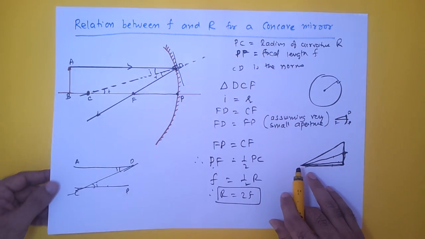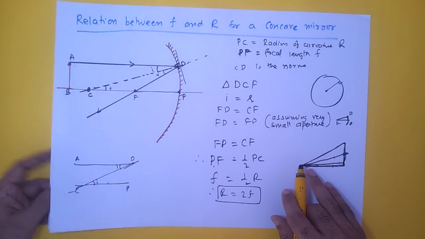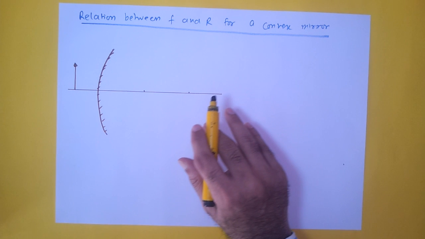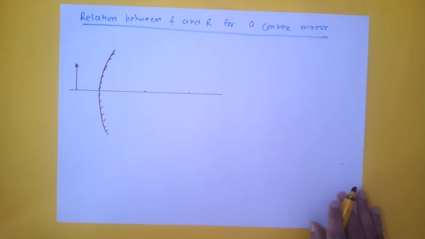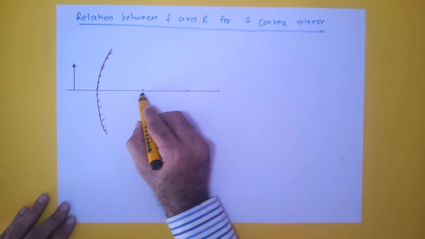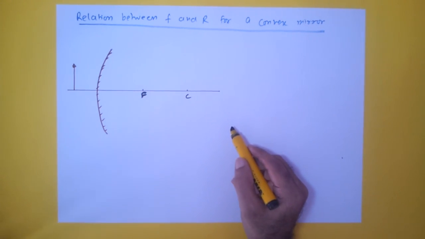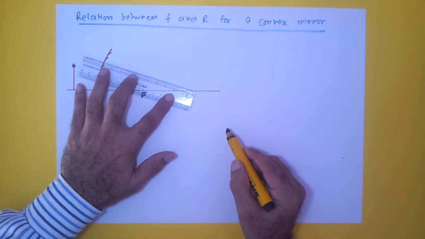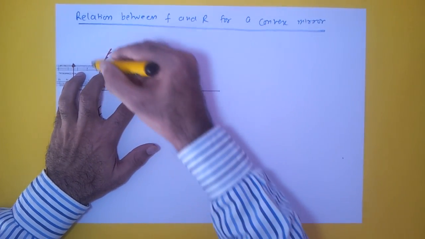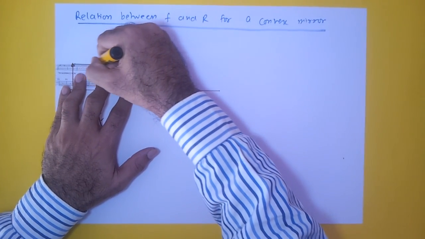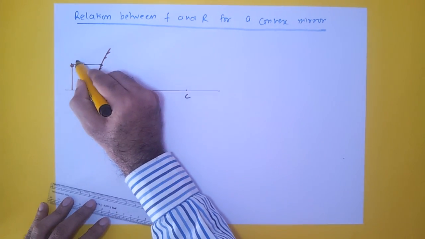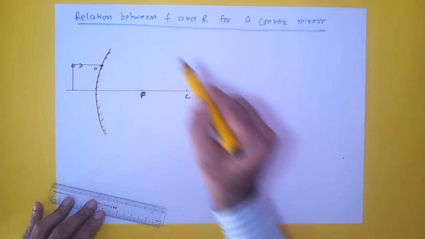We can do a similar exercise with a concave mirror also. So let's say we have a concave mirror. This is the focus. This is the center of curvature. Let us say this is the incident ray from the object, coming over here and meeting at this particular point.